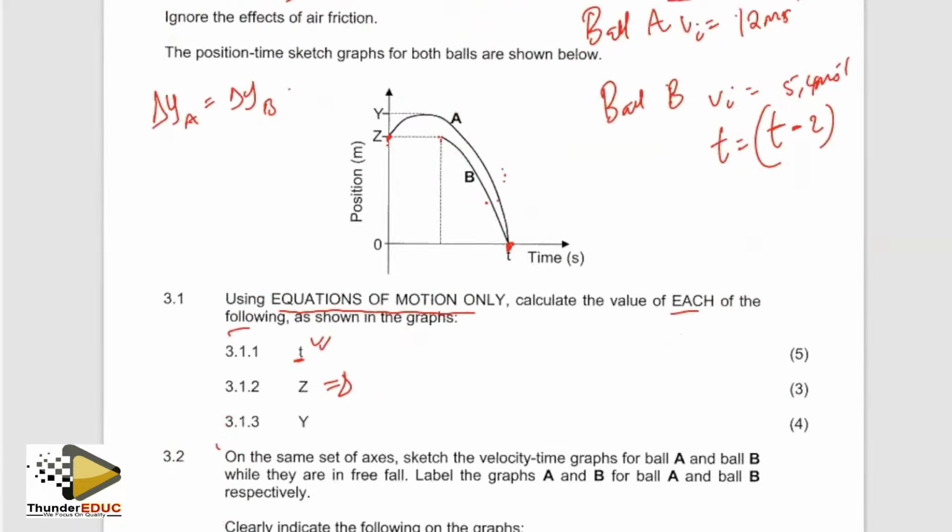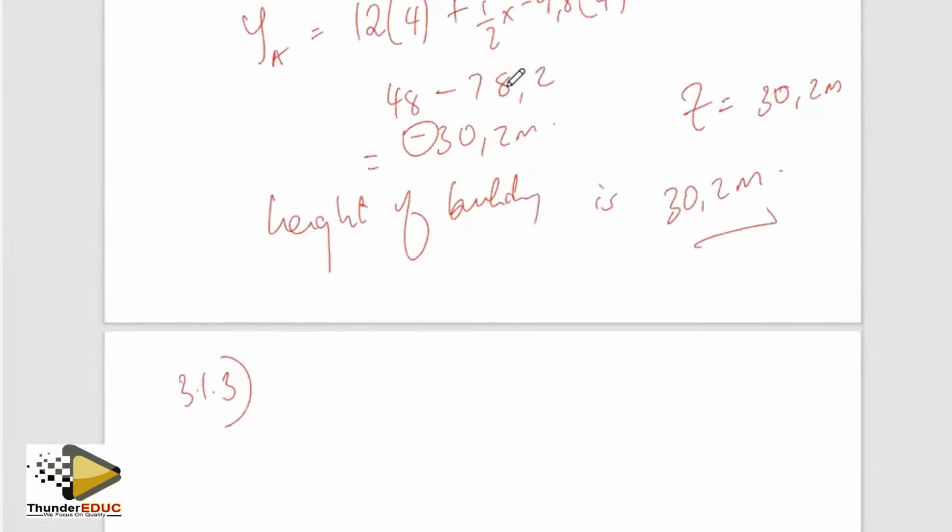3.1.3. They want us to get Y. Y is just the maximum height reached by ball A, from the ground. So I can get the maximum height from the point of projection, and then to the answer I get, I'll have to add what I obtained in 3.1.2.